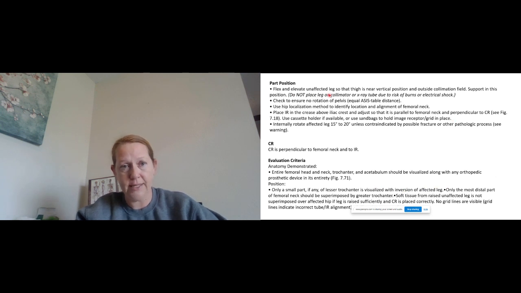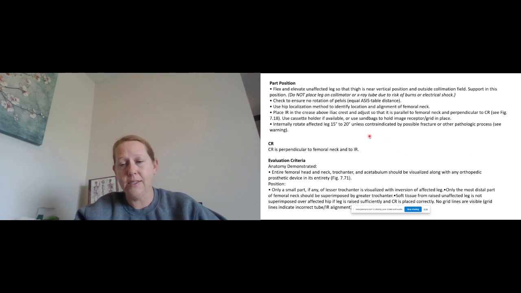Do not place the leg on the collimator or the x-ray tube due to risk of burns or electrical shock. Back in the old days, yes, people did this, and we should not do this. We should use a cassette holder if available, and or sandbags to hold the image receptor and the grid in place.